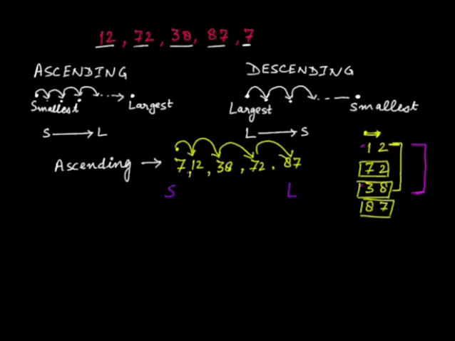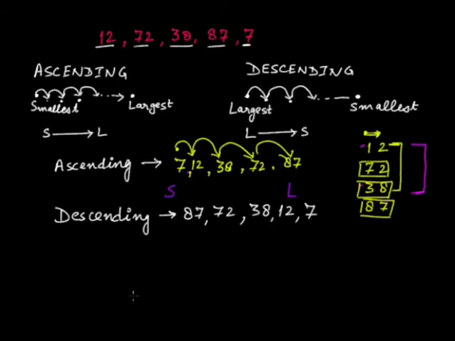So if asked to write descending order, just reverse it: 87, 72, 38, 12 and 7. That is, starting from the largest number till you get the smallest number. In the case of ascending, it is from the smallest number till you get the largest number.